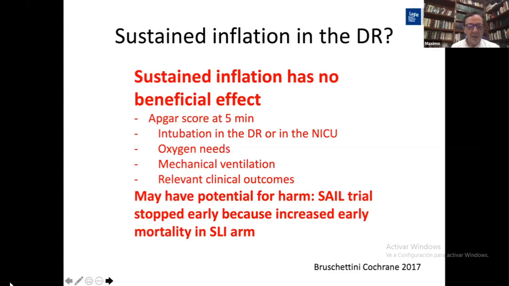And moreover, it may have potential harm, as shown by the SAIL trial.